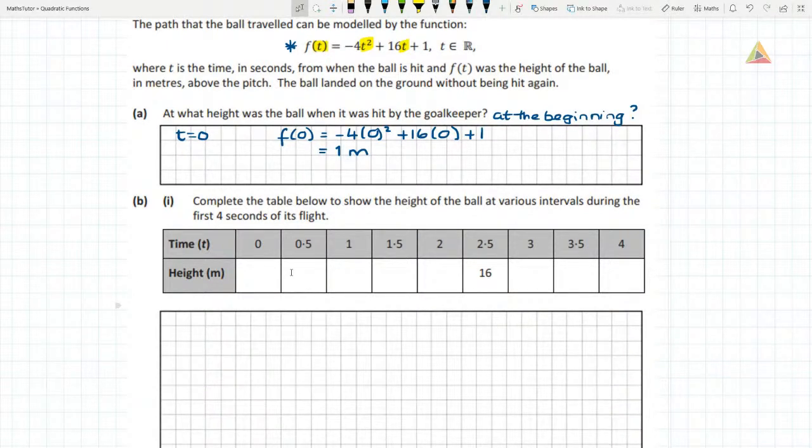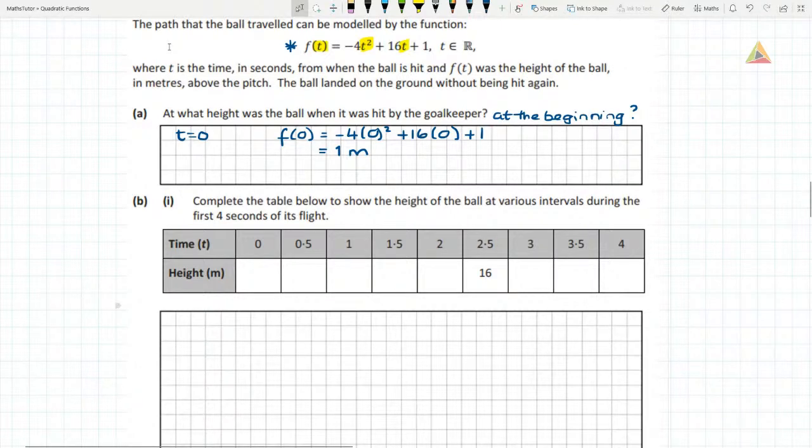And this time I see the gap is different. The gap this time goes 0, 0.5, 1, 1.5, 2, so I can see that it's increasing by 0.5 each time. So when it asks me about the step, I'm going to be saying 0.5 rather than 1.